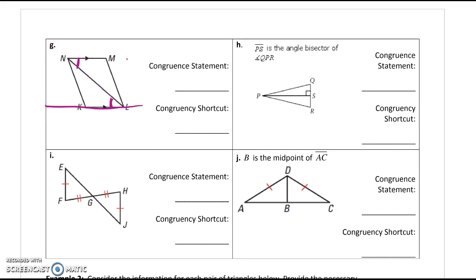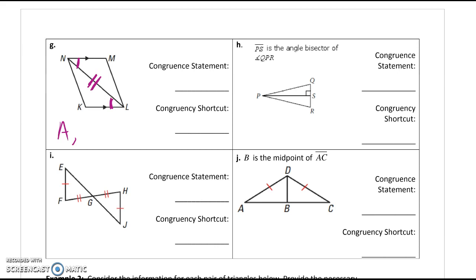Okay, now is there anything else that matches? So right now we have an angle. Do you guys notice any sides? Well, they share a side. The reflexive property says that the segment NL is congruent to LN.